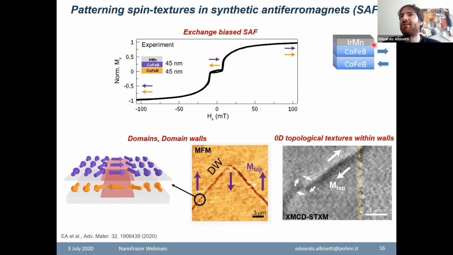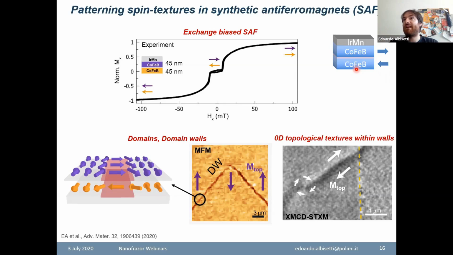This is called the synthetic antiferromagnetic system, because you have two ferromagnetic layers that are point-by-point oriented in the opposite way with respect to each other, which mimics what happens in antiferromagnetic materials, but at a whole film level.